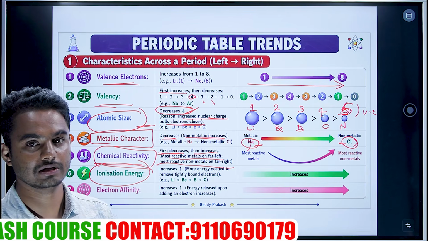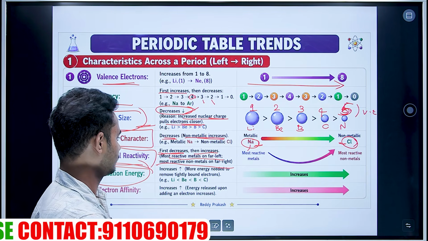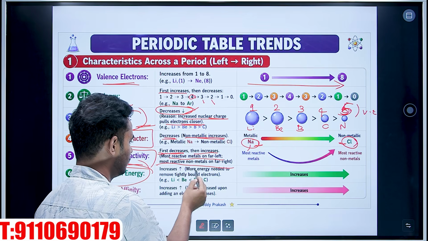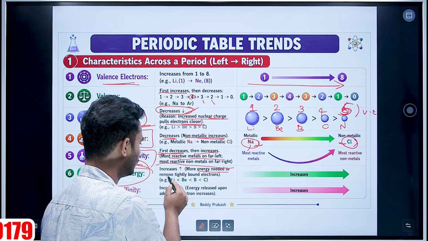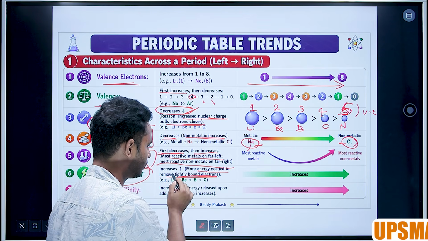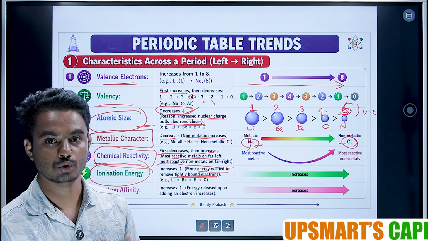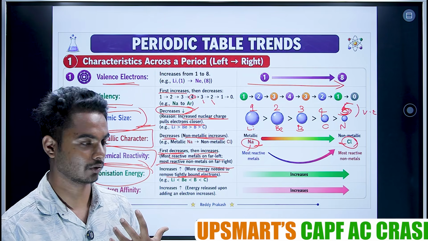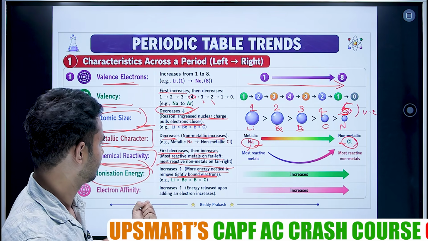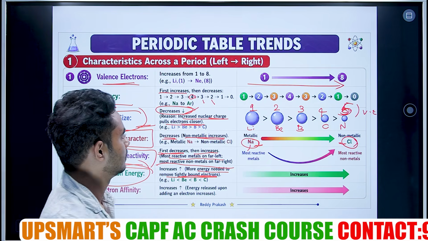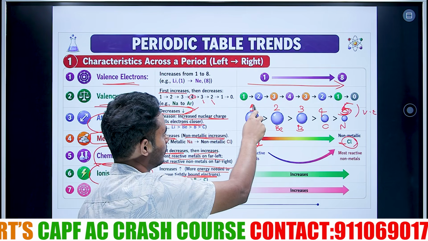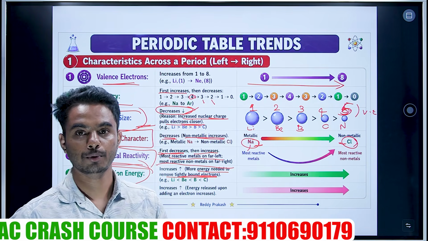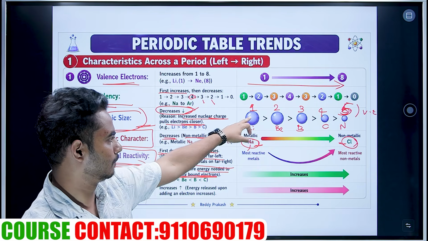Ionization energy refers to the energy needed to remove tightly bound electrons. See, I told you, to remove one electron is easy from lithium.